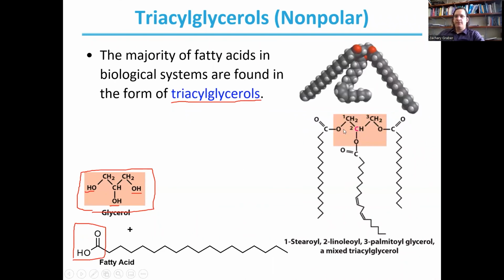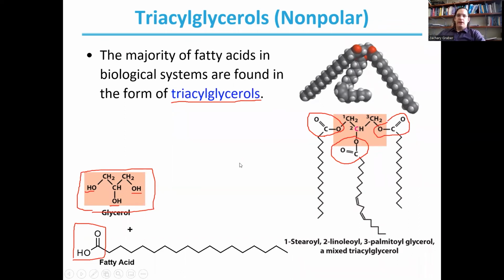You could also have 1 or 2 fatty acids linked on here to create a monoacylglycerol or a diacylglycerol, but our most common fat storage form is the triacylglycerol with 1 fatty acid linked to each alcohol. So you can notice our ester functional groups linking each of these fatty acids onto our glycerol molecule, which is highlighted here with our orangish color.